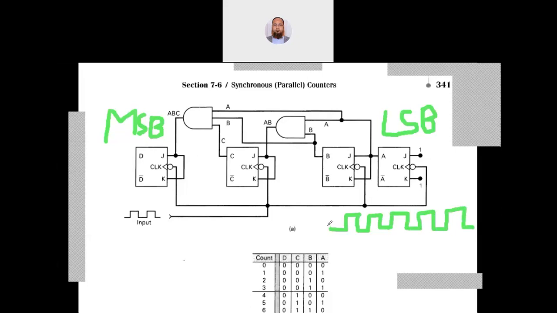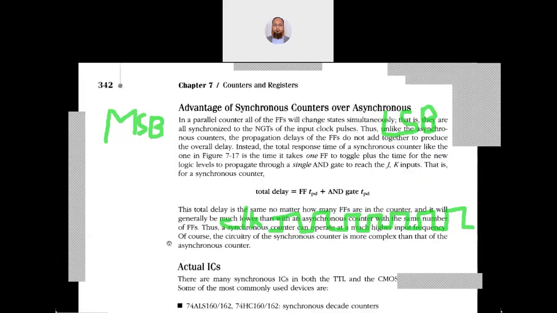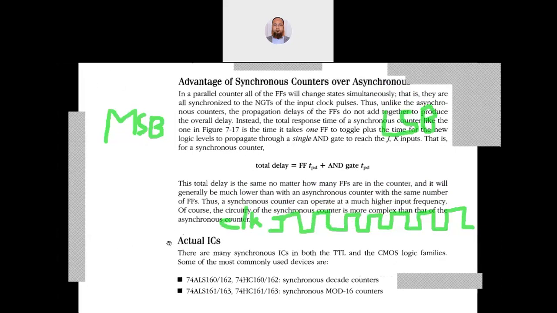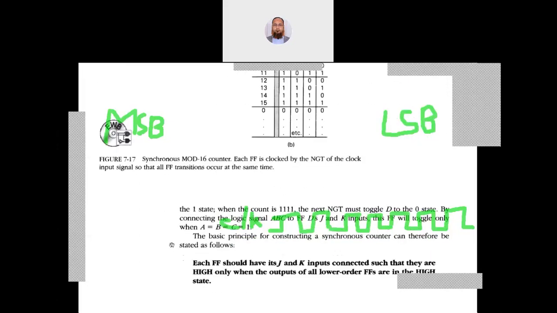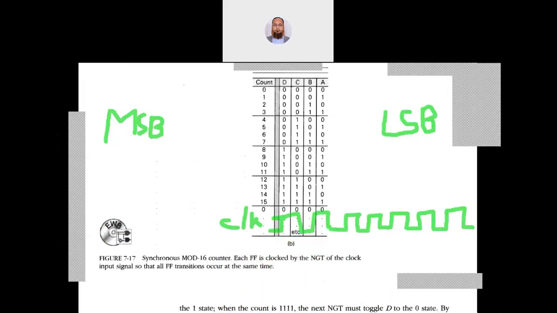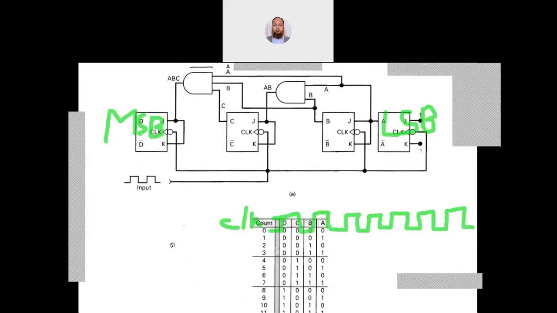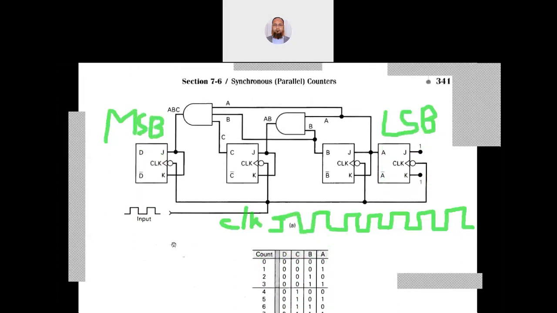I'm trying to draw it. Let's say this is the clock.